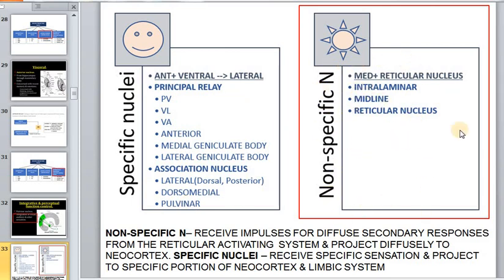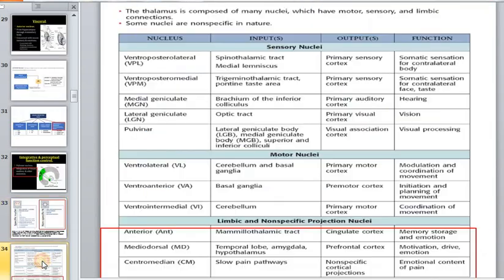So in general we talked about specific nuclei from this part of the slide, and this slide describes non-specific nuclei. They are mainly represented by the reticular formation, the function of which we discussed in the previous practical. So if you want, we can just skip this in this practical. There are several slides that describe in more detail the connections of all nuclei and their functions.